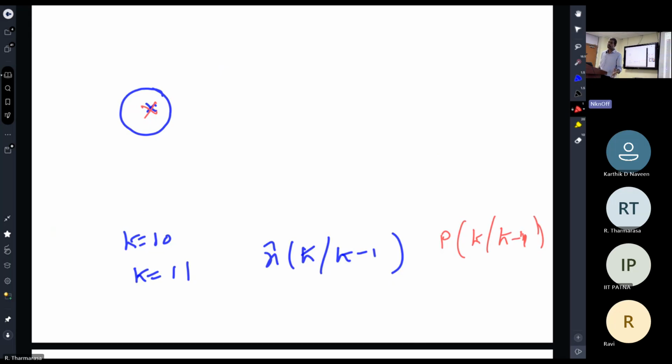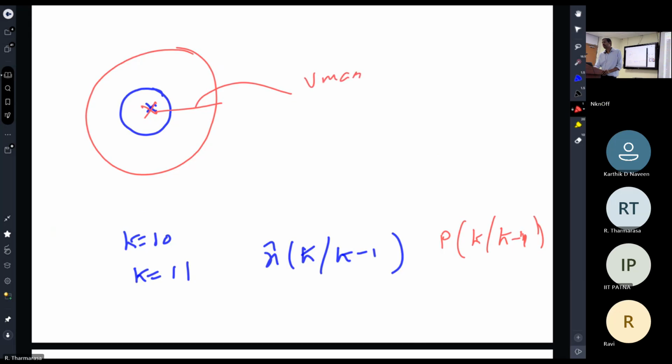It's smaller than the blue circle or greater than the blue circle. So that is going to be like that. This distance depends on your Vmax squared.